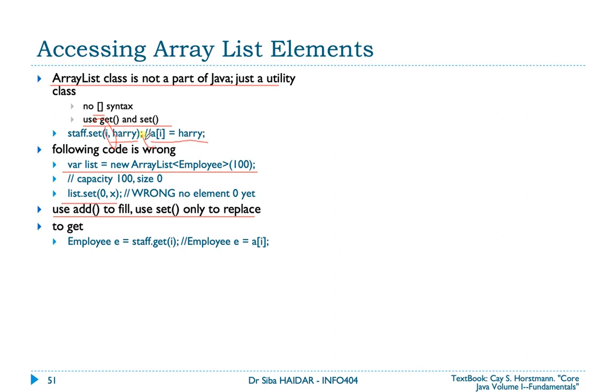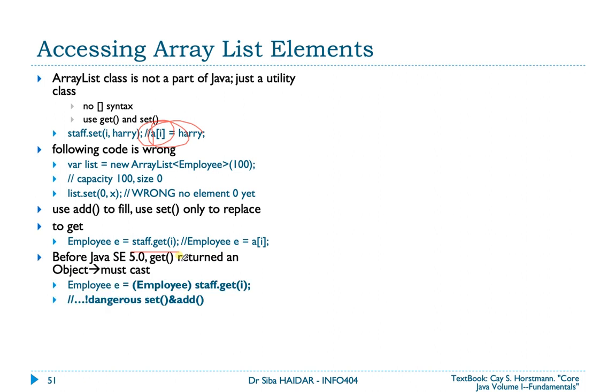It's not like a[i] in the array syntax, in which you use it for both things. To get an element at index i, as we have seen in the Javadoc, you use the get method, and you get the element at index i in a variable of type Employee because this is an array list of employees.